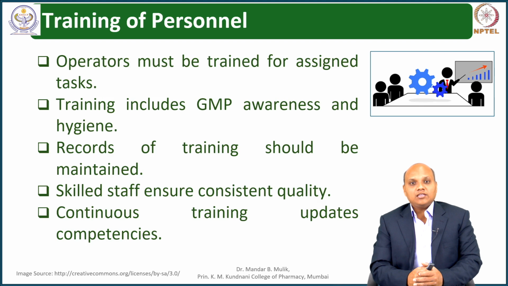Hence, hygiene of the workers and laborers is very important from the GMP point of view. A simple example of hygiene maintenance is that after using the lavatory, washing of hands should be made mandatory. Without that, the laborer should not be allowed to enter the premises. This can bring discipline as well as good quality.